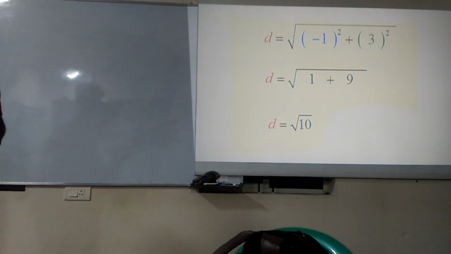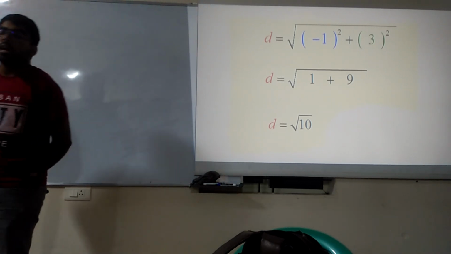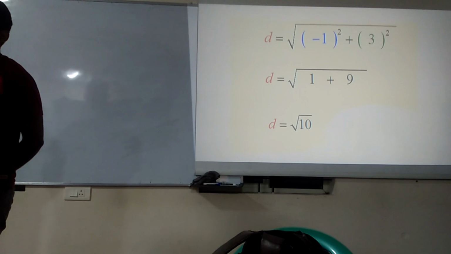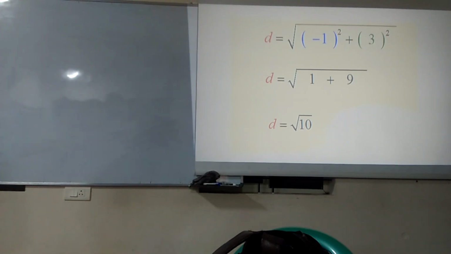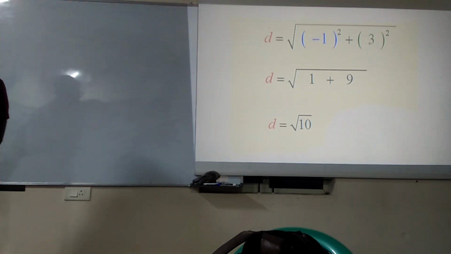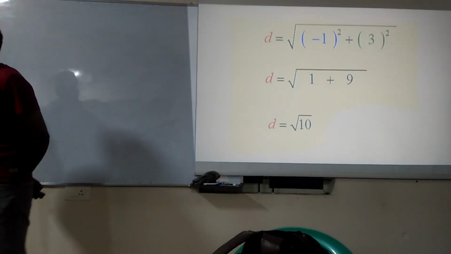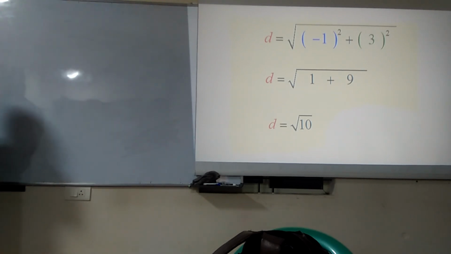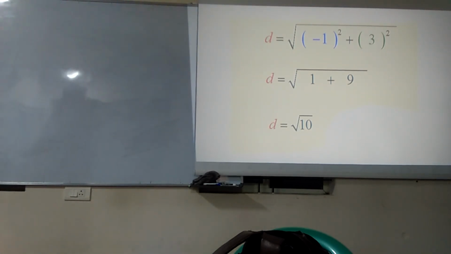First point: to locate the position of a point in a plane, we require a pair of coordinate axes.